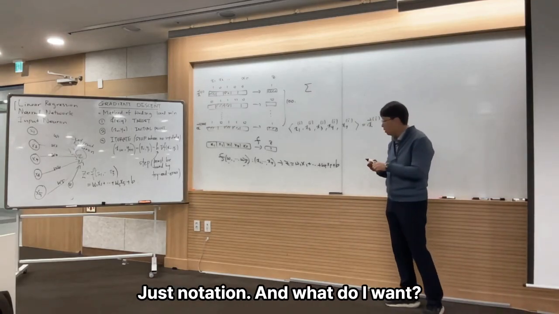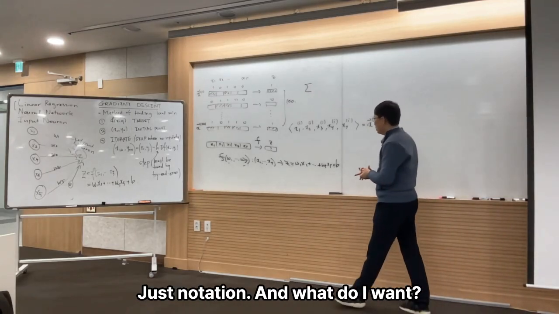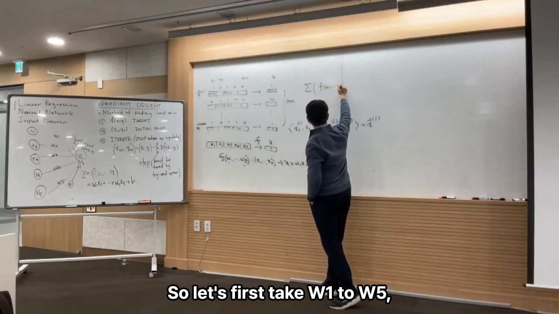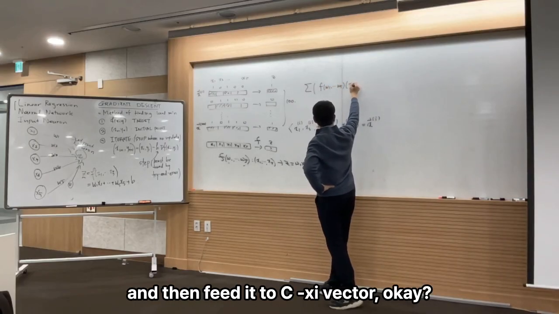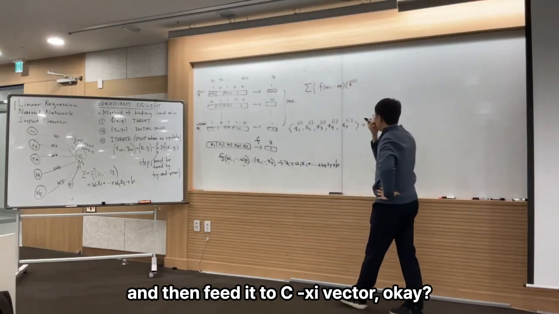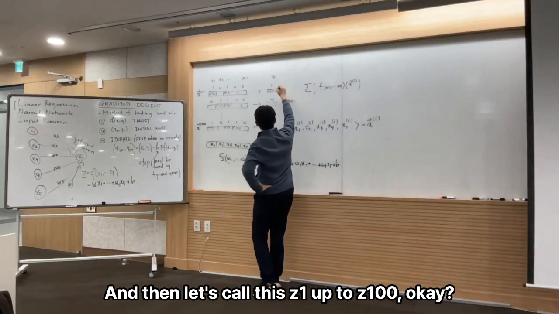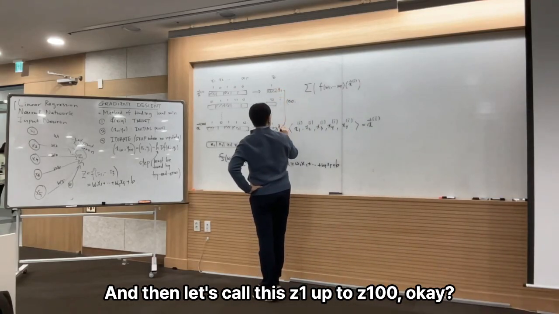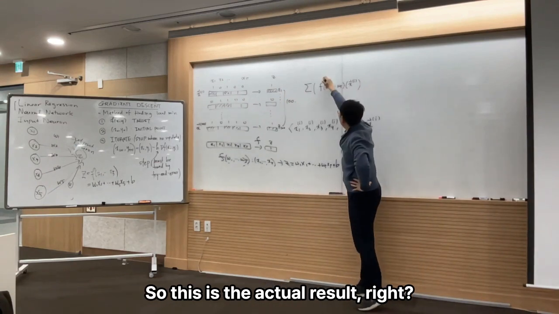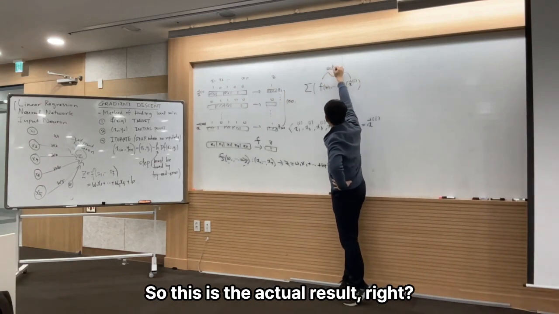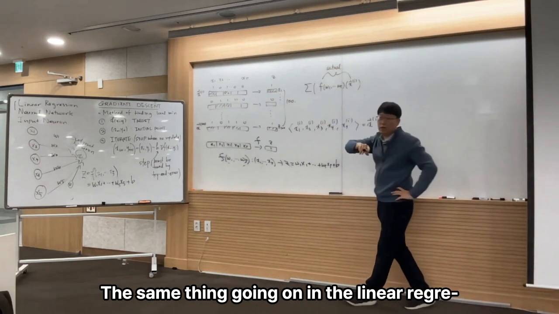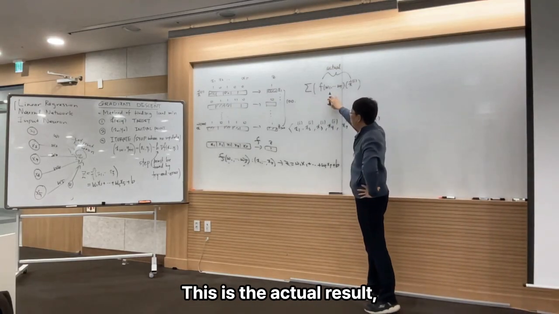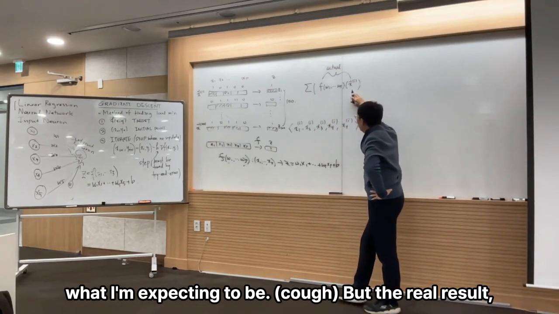Just notation. And what do I want? So let's first take W1 to W5 and then feed it to xi vector, okay? And then let's call this Z1 up to Z100, okay? So this is the actual result, right? The same thing going on as in the linear regression. This is the actual result, what I'm expecting to be.